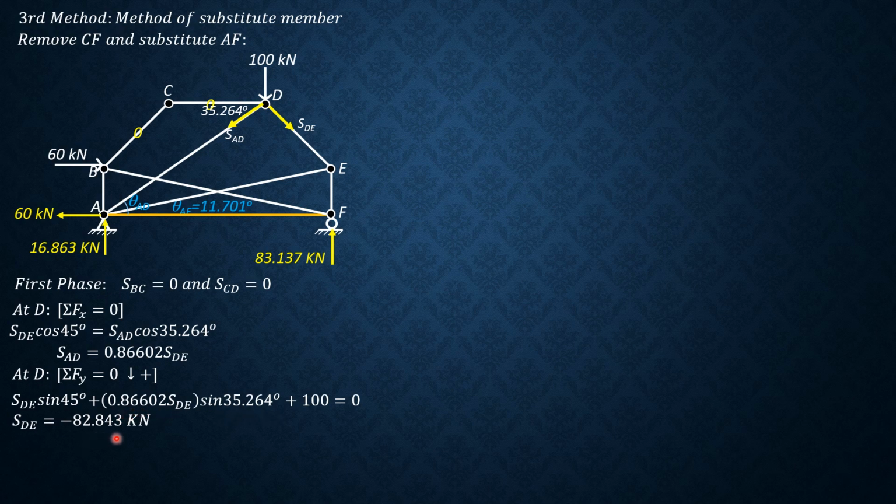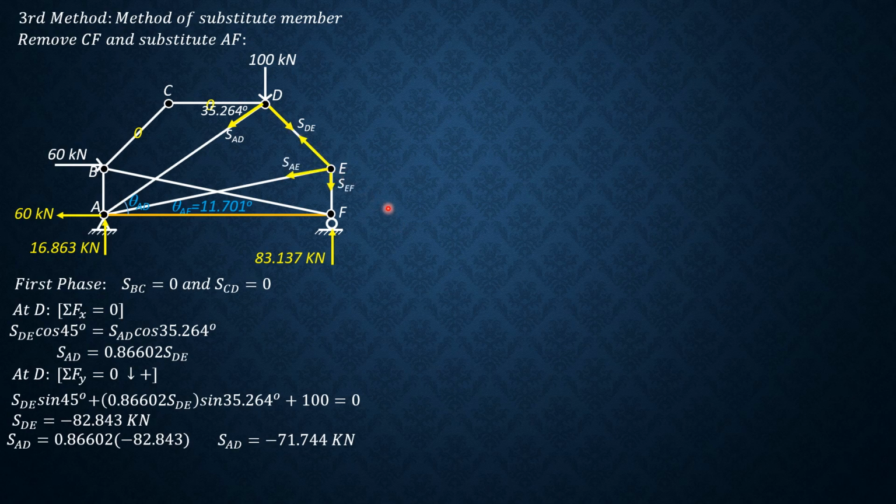That will give us negative 82.843 kilonewtons. Then SAD is 0.86602 of negative 82.843. So SAD is negative 71.744 kilonewtons. We then proceed to joint E.